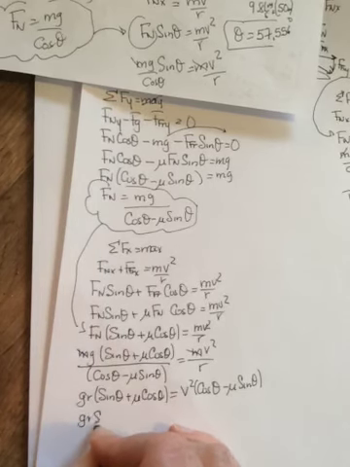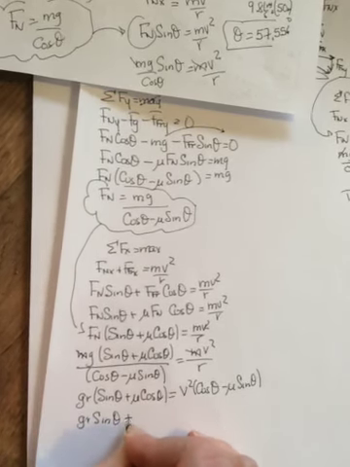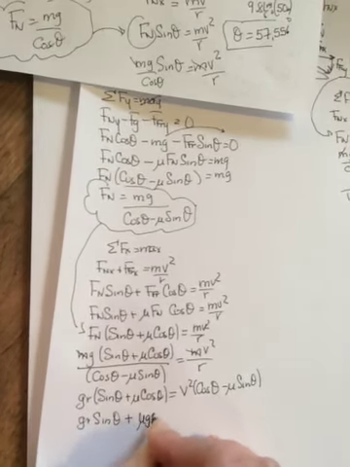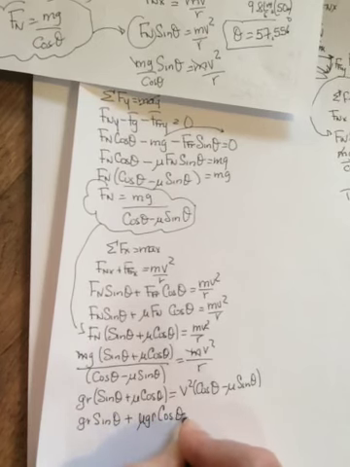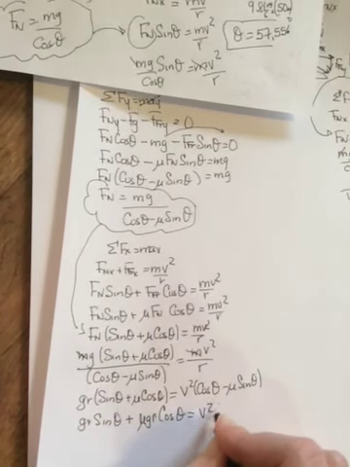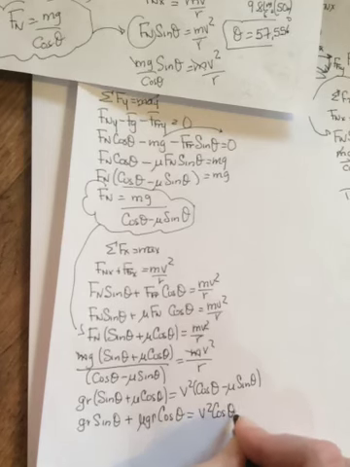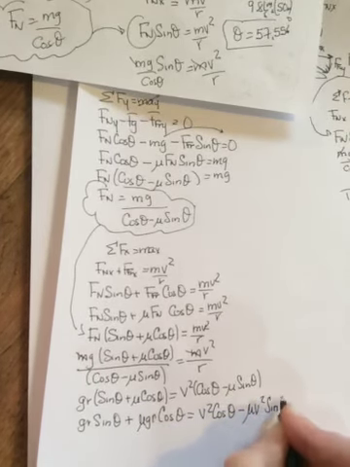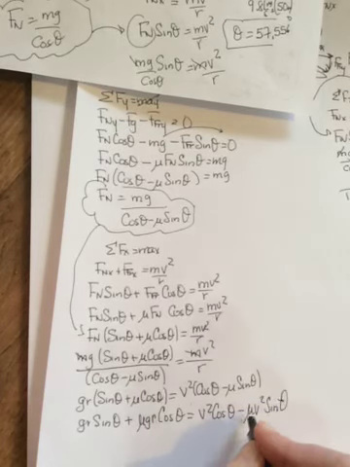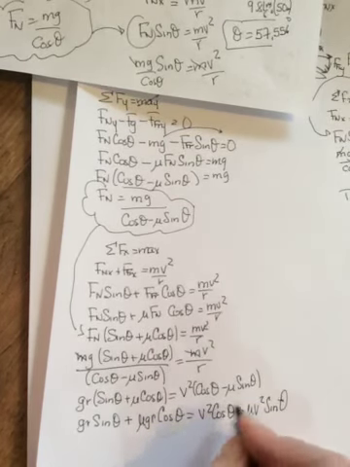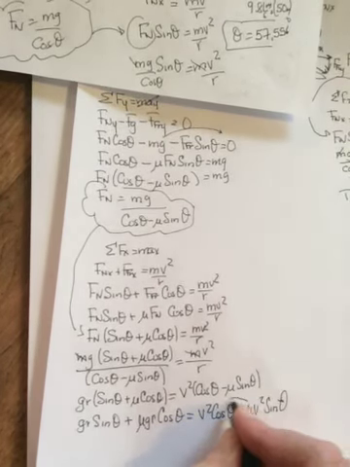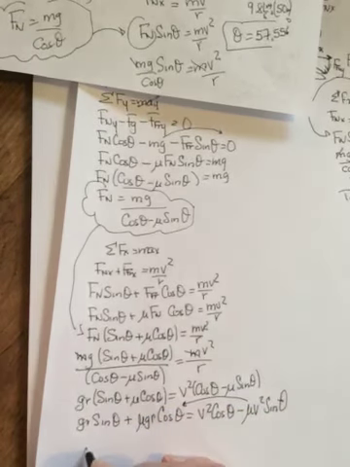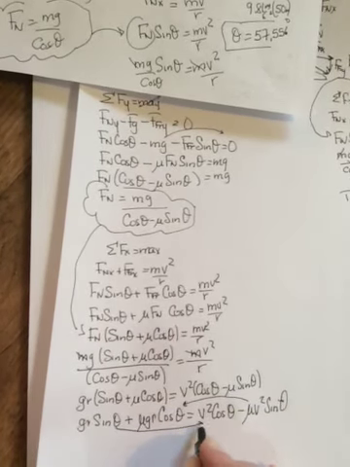So gr sine theta plus mu gr cos theta is equal to v squared cos theta minus mu v squared sine theta. Now take your two terms with mu to the same side and the two terms without mu to the opposite side. So I'd bring this over and I'd take this over.